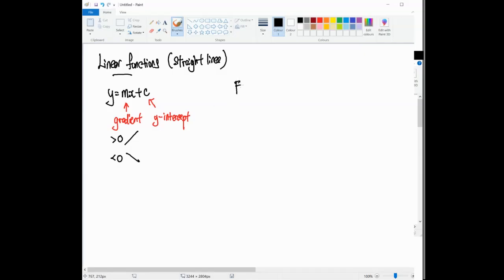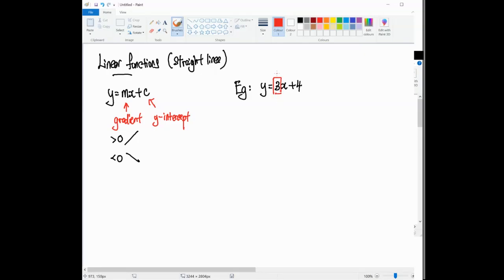For example, say I have a graph named y equals 3x plus 4, and you have to sketch this graph. So how does this graph look like? First of all, we must look at the gradient.